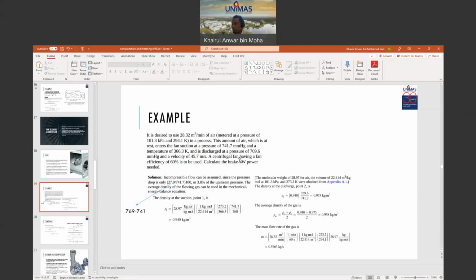A centrifugal fan having a fan efficiency of 60%, within the range of 40 to 70, is to be used to calculate the brake kilowatt power needed.